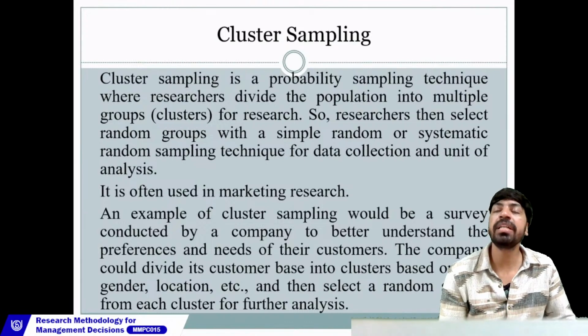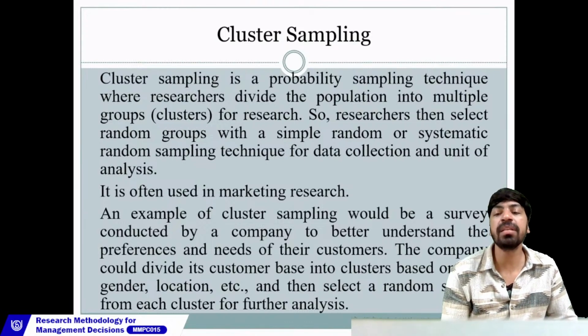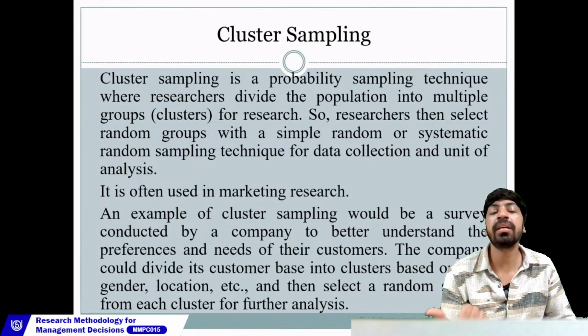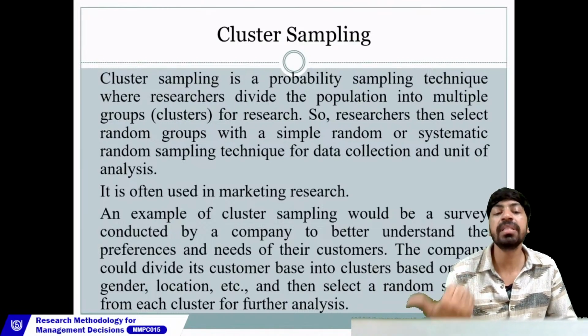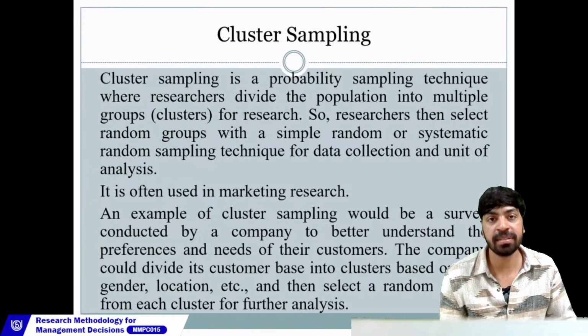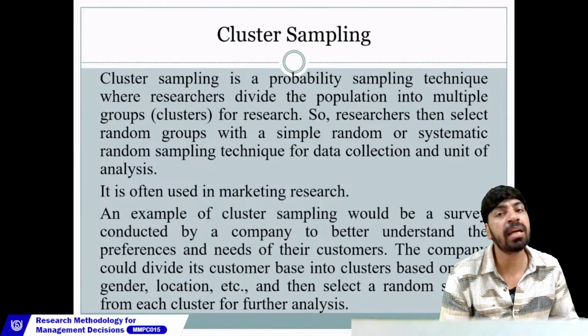The company will divide the customer base into clusters based on age, gender, location, city, income, occupation, and then select a random sample from each cluster for further analysis. And that's called cluster sampling.